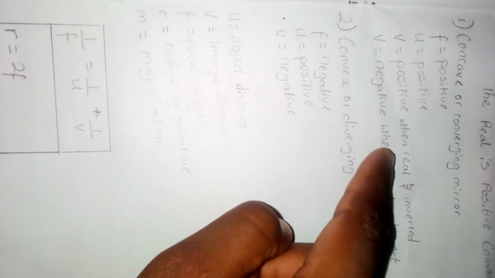Your F, the focal length, is always positive for a concave mirror. U is always positive. V is always positive when real and inverted. The concave mirror can form two images, either real and inverted or virtual and erect, so V is negative when virtual and erect.